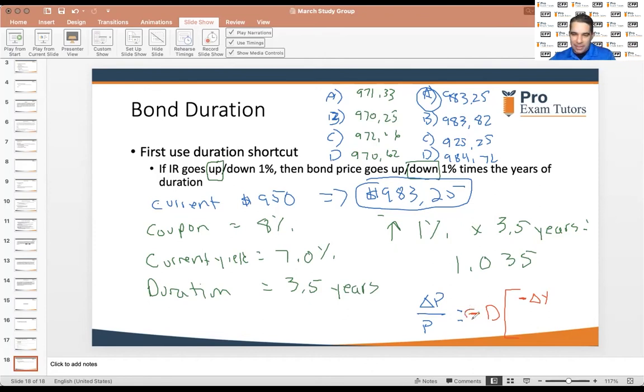Well, if you forget this negative sign, or if you remember this one but forget this one, you're going to get a number that moves down when it should be moving up, because in this case, the two negatives are canceling. Divided by 1 plus the original yield. The original yield was 8% here that we started with.